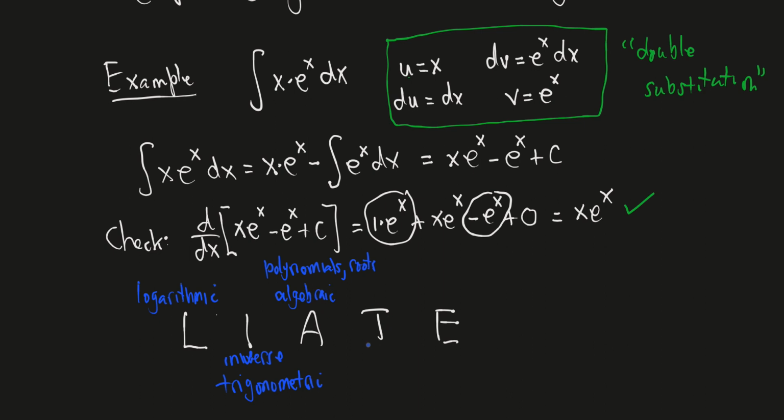And then the T stands for trigonometric. And all that's missing now at the end, saving the best for last, is the E, and then you have exponential functions, right?